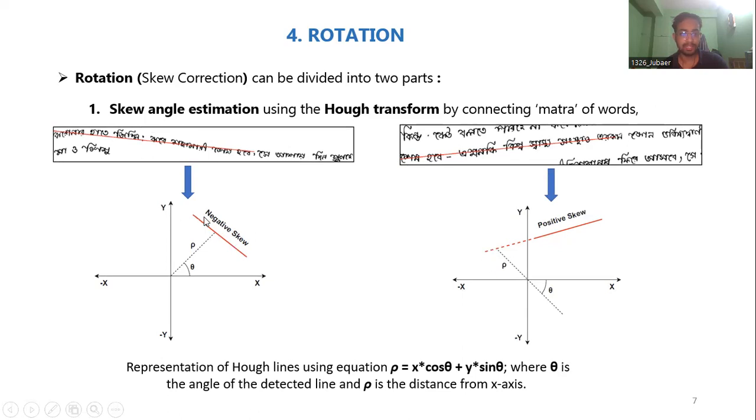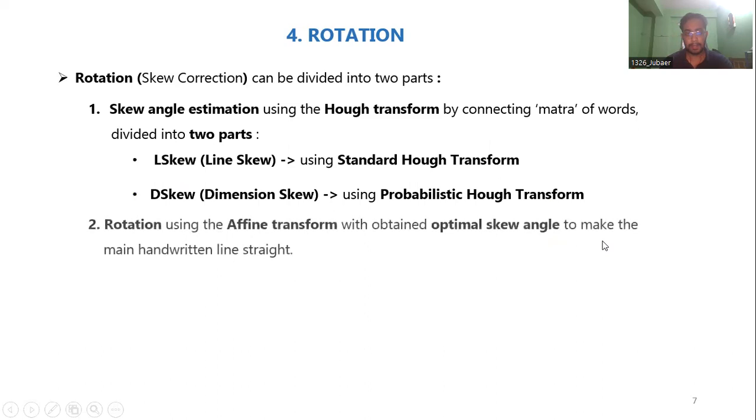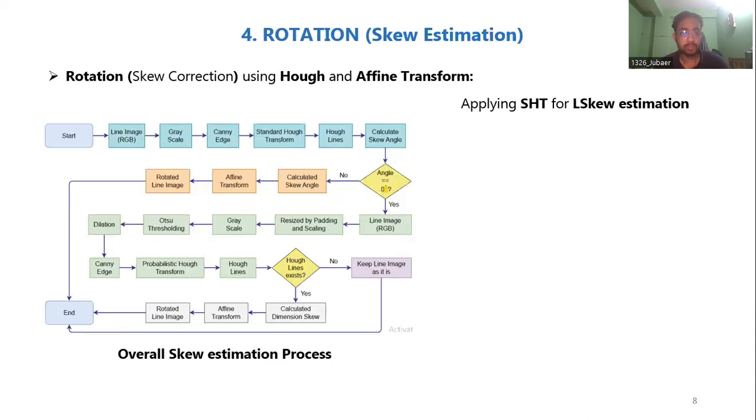If the line comes down from the top, it is negative skew. If the line goes up, we have defined it as positive skew. The other part of the rotation is the rotation itself through affine transform, where we use the optimal skew angle to make the handwritten line straight by correcting its skew.